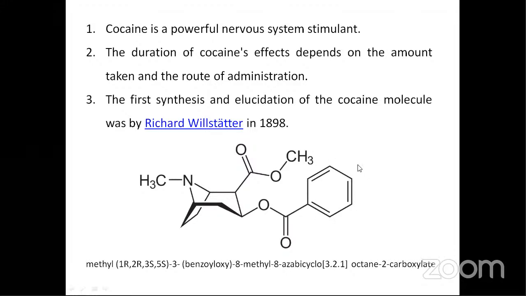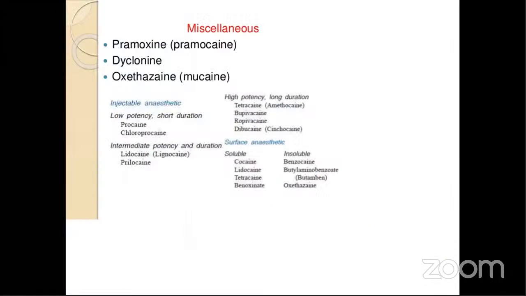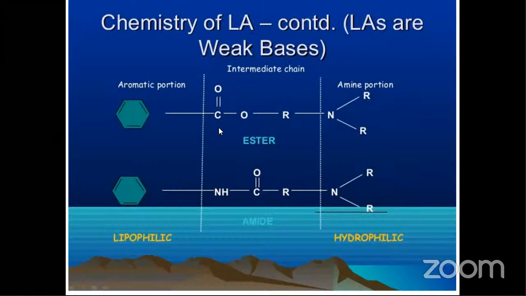This phenyl nucleus is the hydrophobic or lipophilic part. This is the ester linkage, and this part is the amine group or amine linkage. So it is the same ester linkage: this part is the aromatic part, and this part is the amino group.